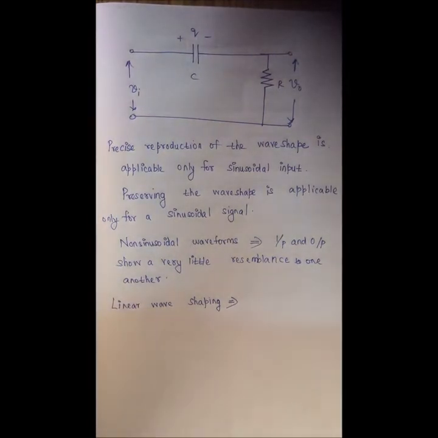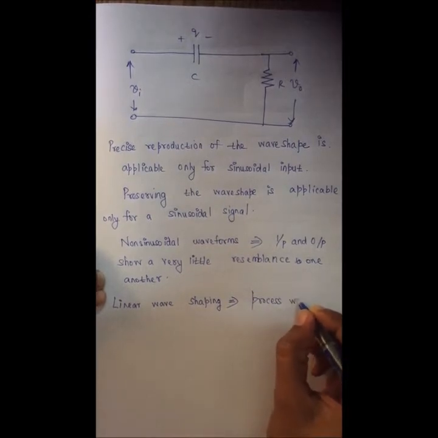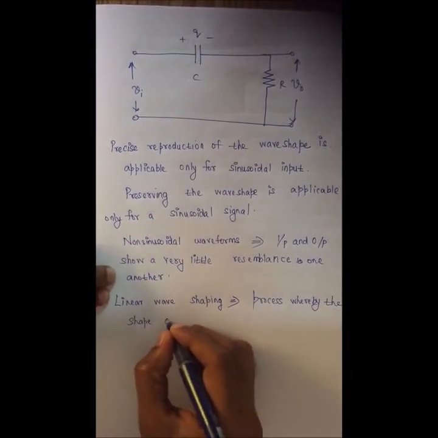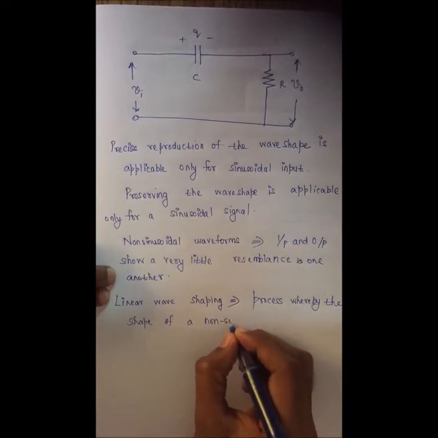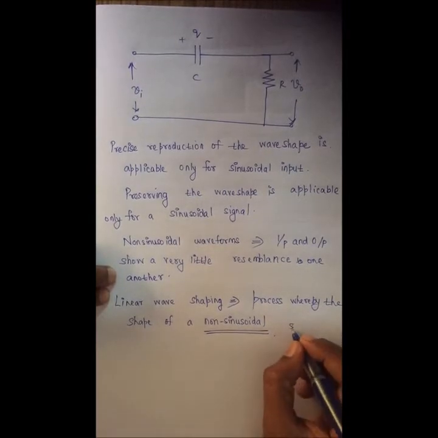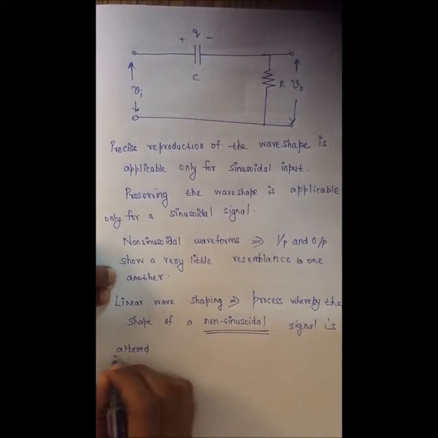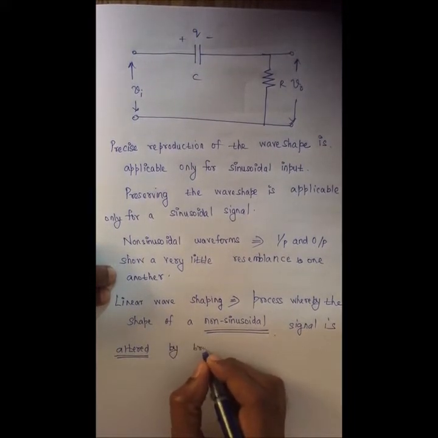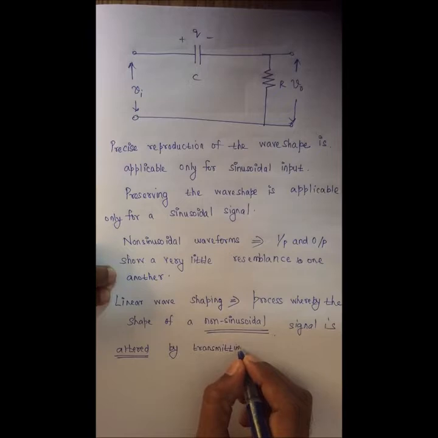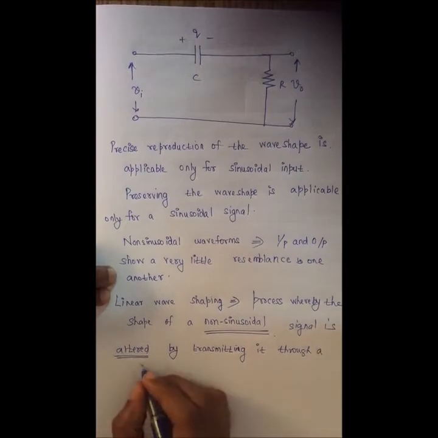It denotes the process whereby the shape of a non-sinusoidal signal, this is very, very important, is altered by transmitting it through a linear network.